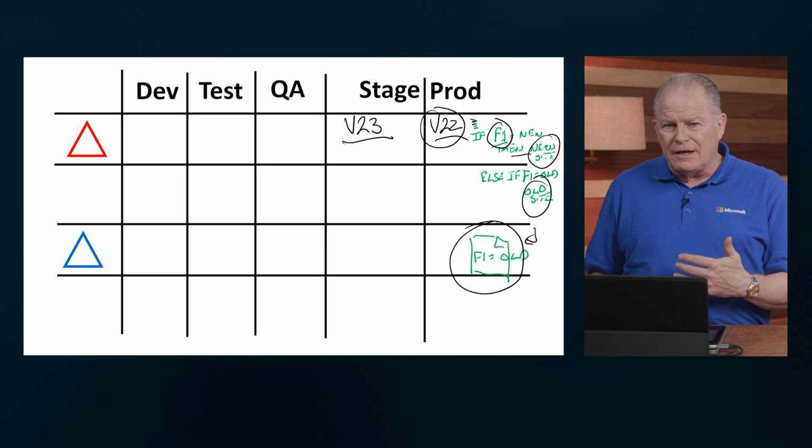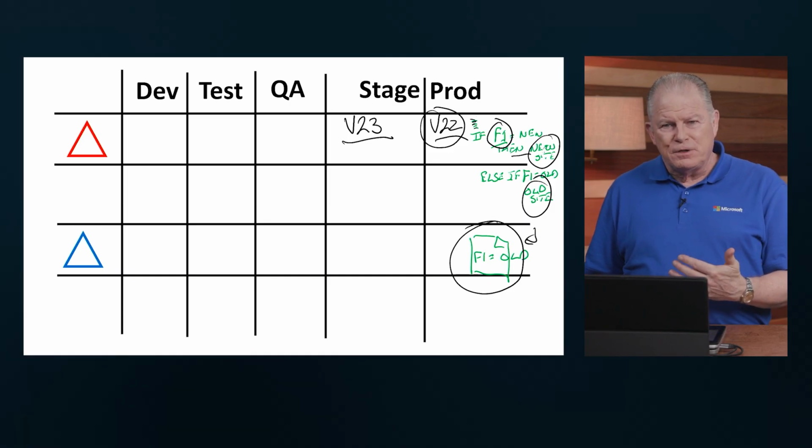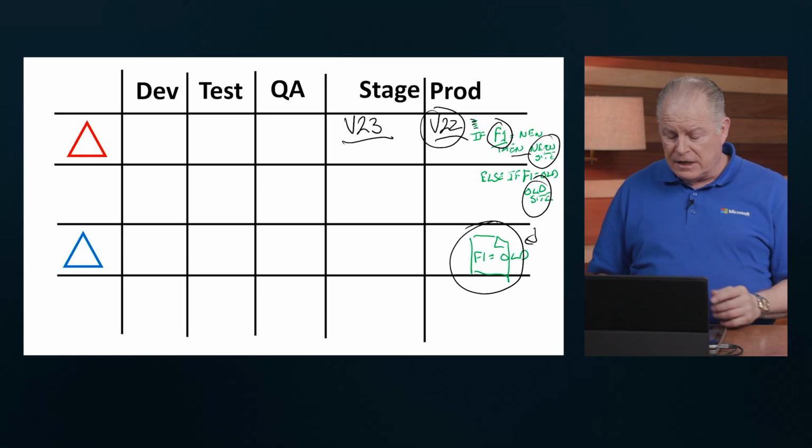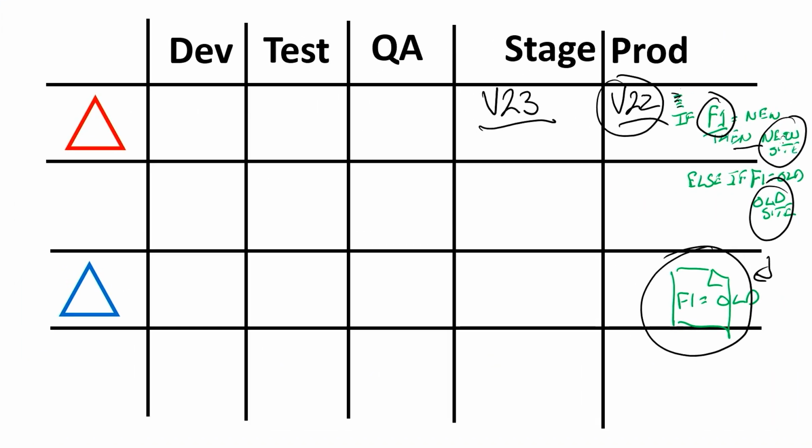But I've also got, and you hear the term, I'm testing in production. I've actually got new code in production, and all I have to do is flip this flag from old to new, and all of a sudden, as it runs that code, it's going to run the new version of the site.